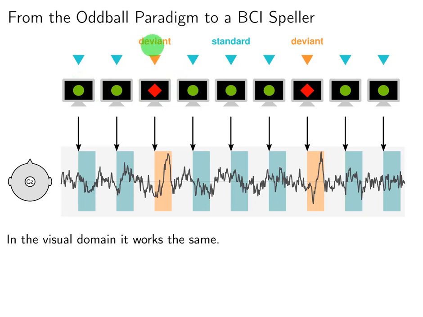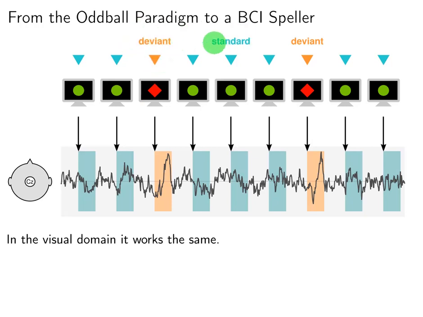Similarly, we can classify them as deviant, which appears less frequently, and standard. Why is it called deviant? And why is it called standard? Standard is the stimuli that happens more frequently. It's like more standard stimuli. And then suddenly we see some different stimuli, right?